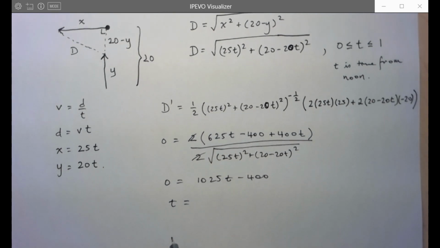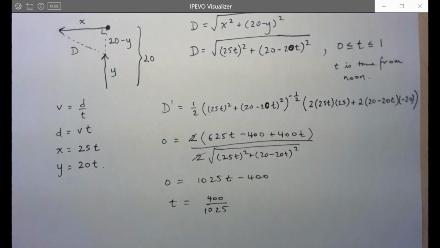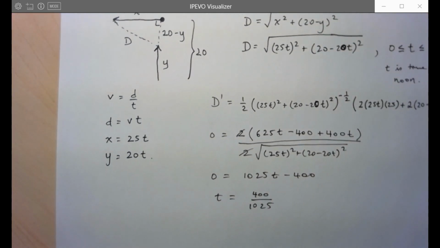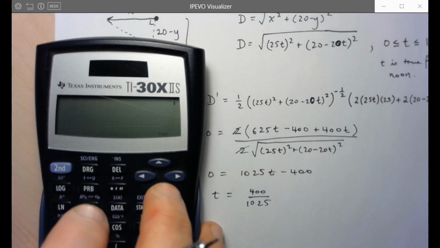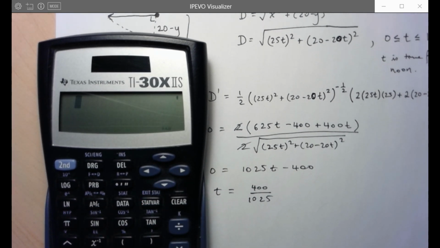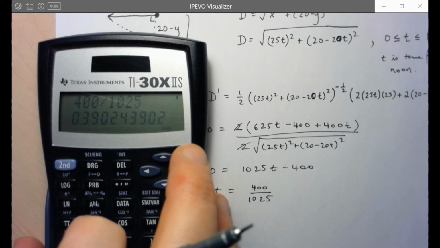t is going to be equal to 400 over 1025. So let's get an approximation for that. Because this is an application question, it's assumed that we're looking for an approximate answer. So here t is going to be 400 divided by 1025, which is about 0.39.